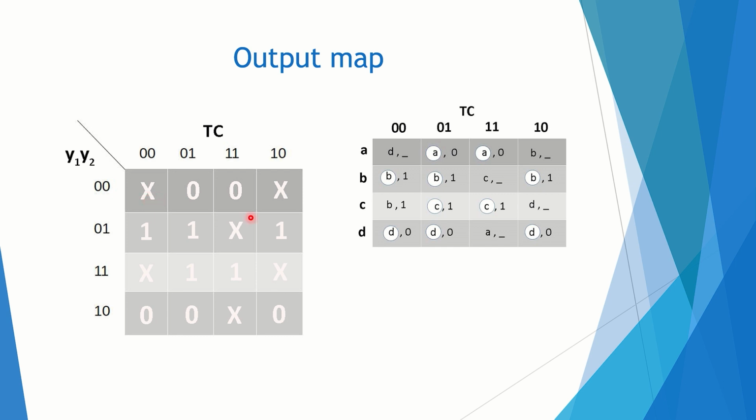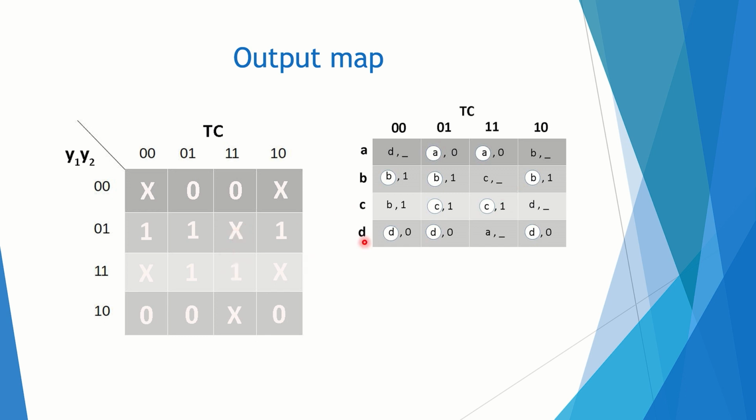And here this don't care is X. Here it is A, and when it is 1 0 it goes to B and it goes to D, but as it is going to two output values 0 or 1, this should be don't care, it should be X. Now B to C, and C is going to 1, a stable state, so C it is 1.